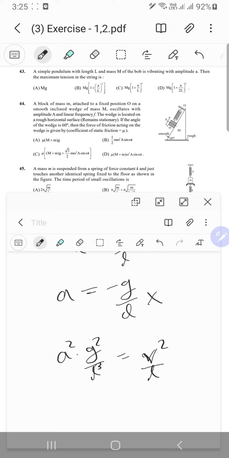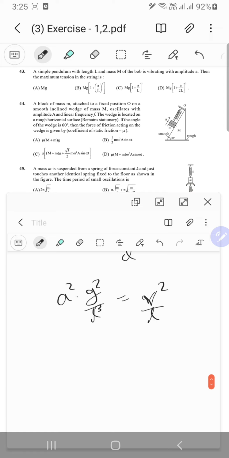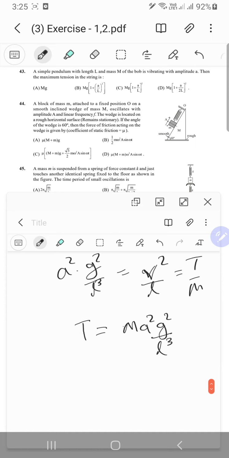So now what? Now this thing, well, okay, so that should be the acceleration. So it's more like the tension upon the mass. So our tension is just ma squared g squared upon L cube. Something doesn't feel correct though. Okay, that's the tension because of plus mg.